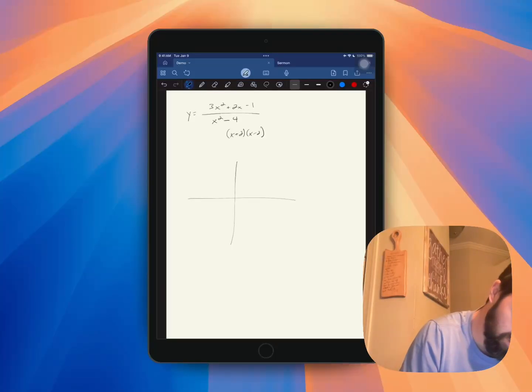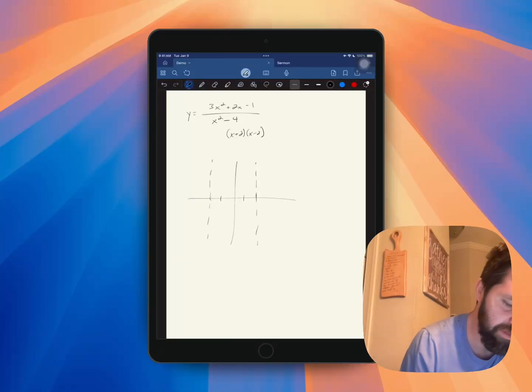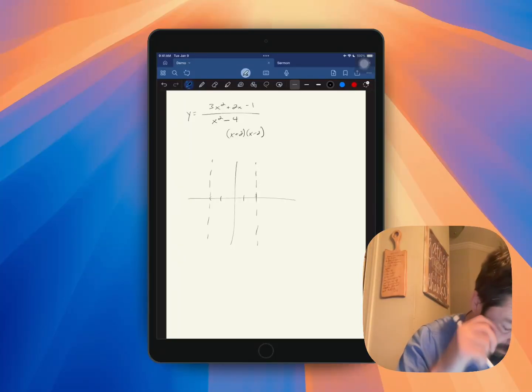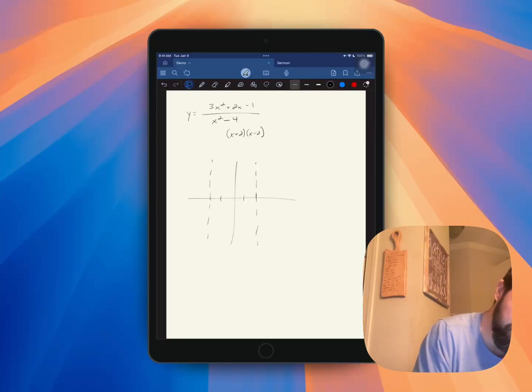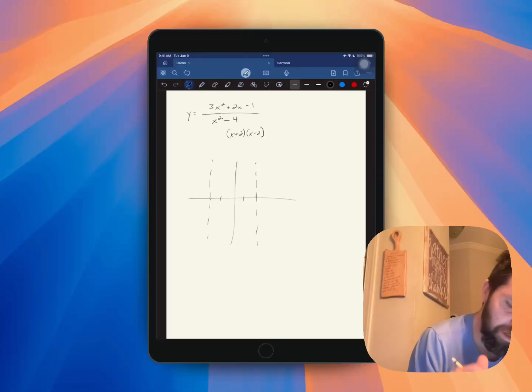So if we think about our asymptotes here, we know we've got this kind of a shape. I don't really want to factor the top to figure out zeros, but the key thing I wanted to show you is the horizontal behavior.